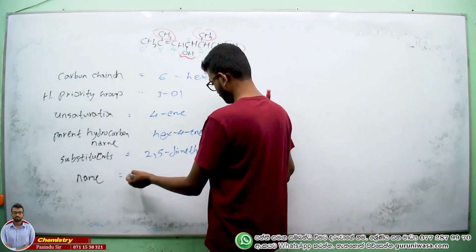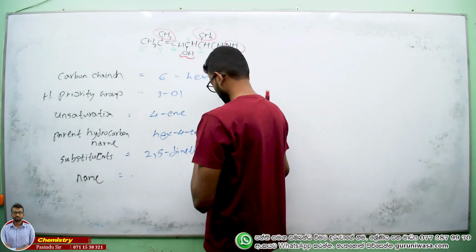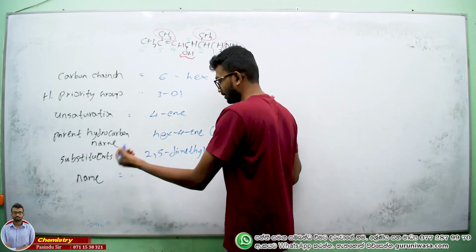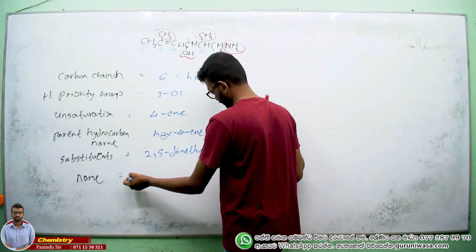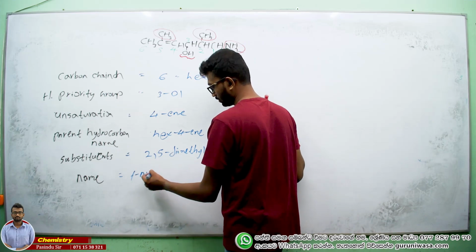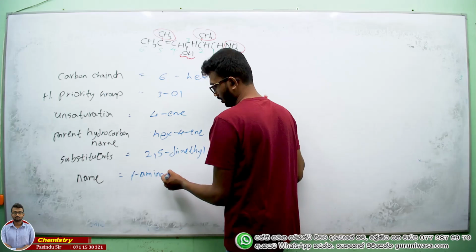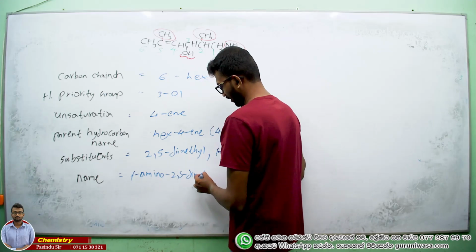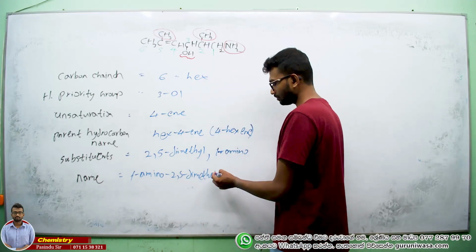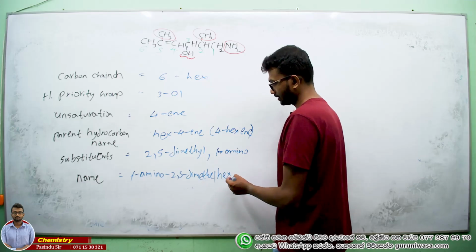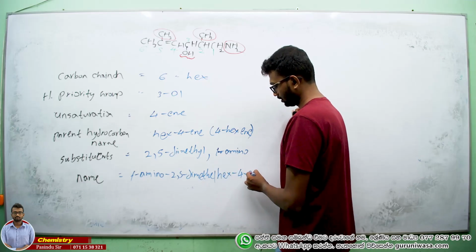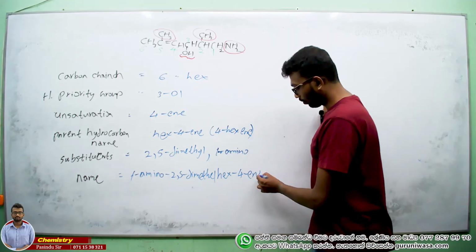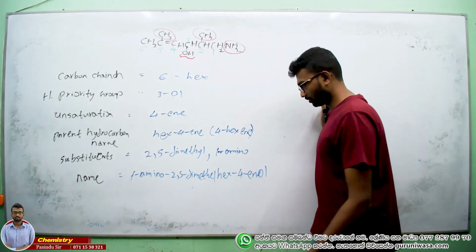So then what is the name? We have to start from amino because A is the first in the alphabet. 1 amino, 2 5 dimethyl hex 4 en 3 ol.